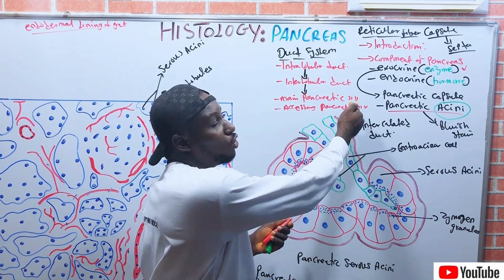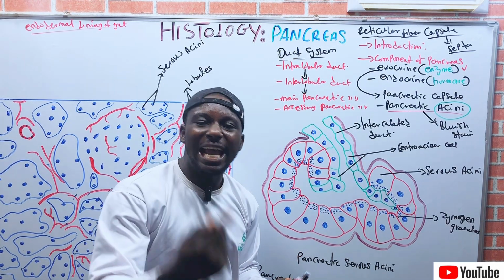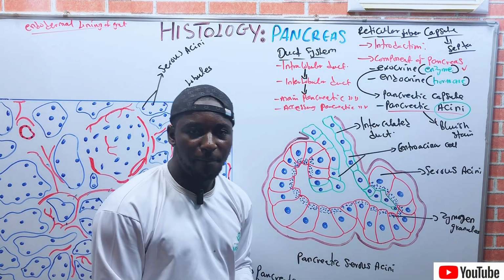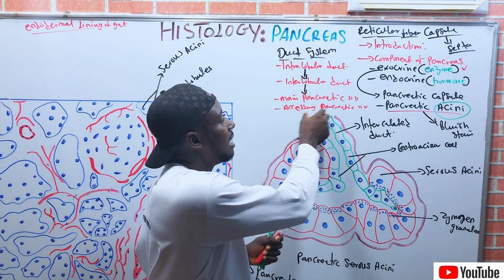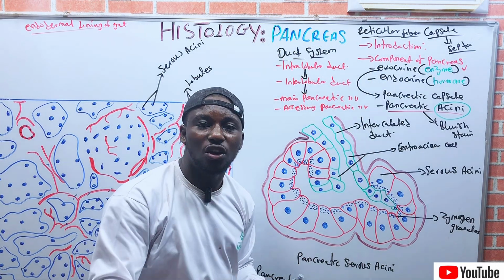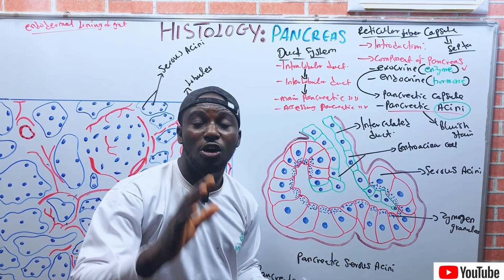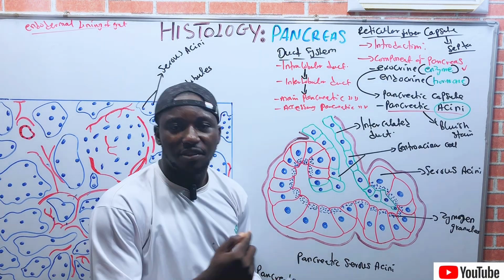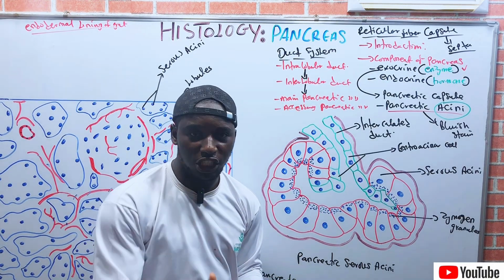The main pancreatic duct opens into the major duodenal papilla, while the accessory pancreatic duct opens into the minor duodenal papilla on the duodenum. The main pancreatic duct has a sphincter called the sphincter of Oddi.